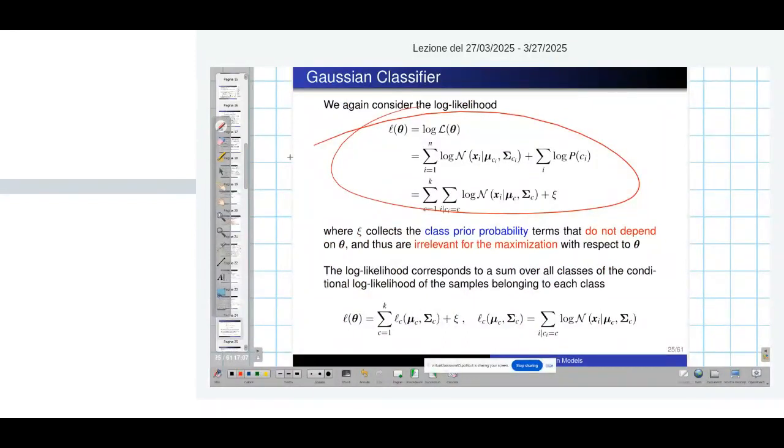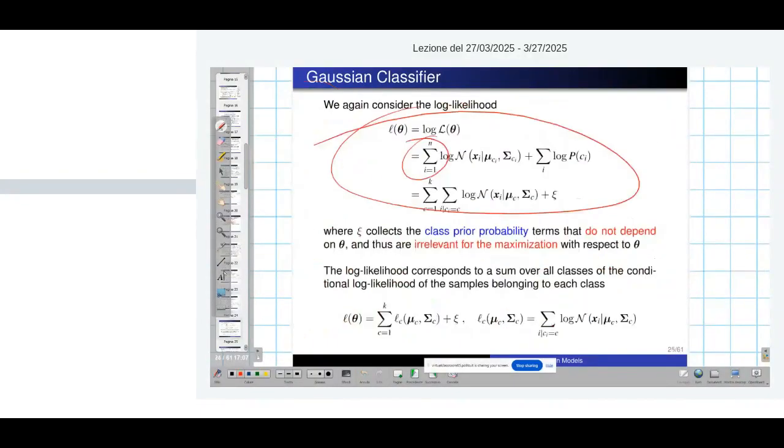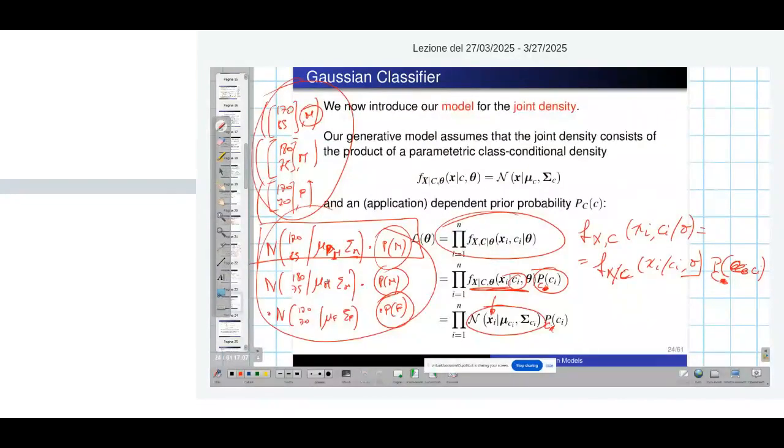In log domain, our product becomes a sum over samples of the logarithm of this expression. This is a product, so I can split it into log of the normal density plus log of the prior probability, for each term.